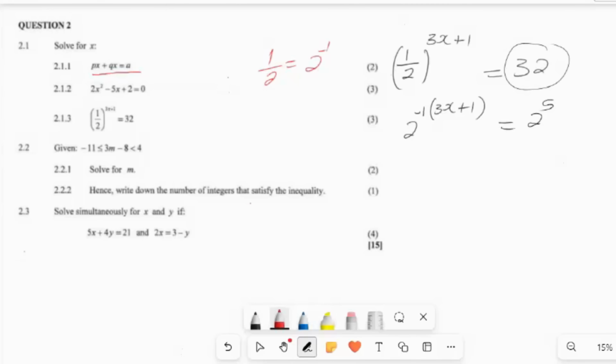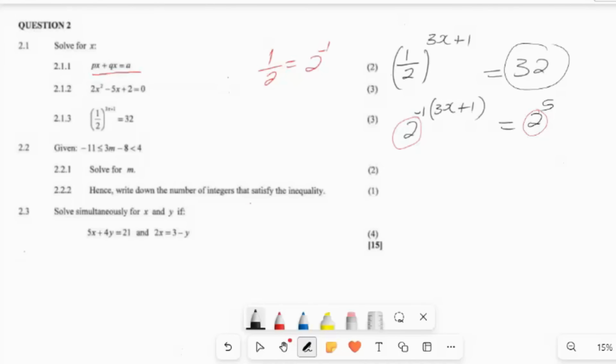So what have we achieved here? Our bases are the same on both sides of the equal sign. So what we can do now is drop the bases and equate. We are now equating the exponents.